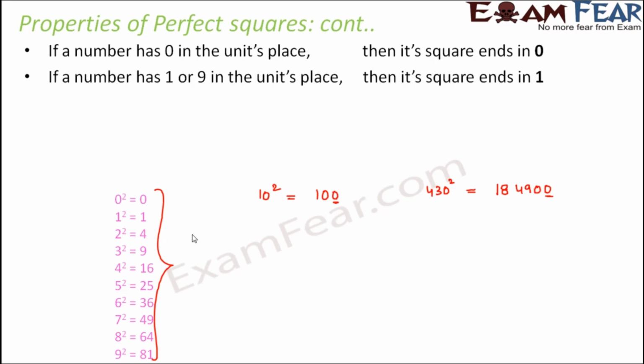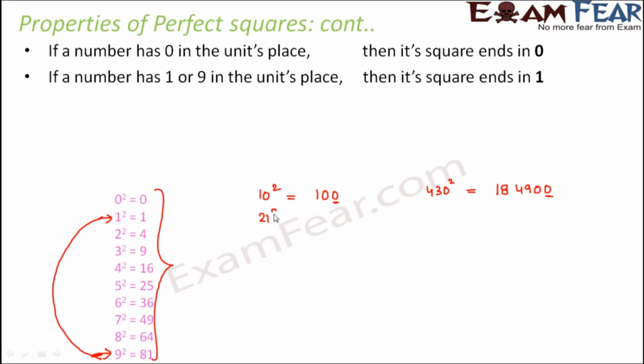If a number has 1 or 9 in the units place, then its square ends in 1. Why? Because 1 squared is 1 and also 9 squared is 81, which ends in 1. So 1 and 9 in the units place behave the same way, in the sense that in both those cases, the result would have 1 in the units place. Let's take some examples.